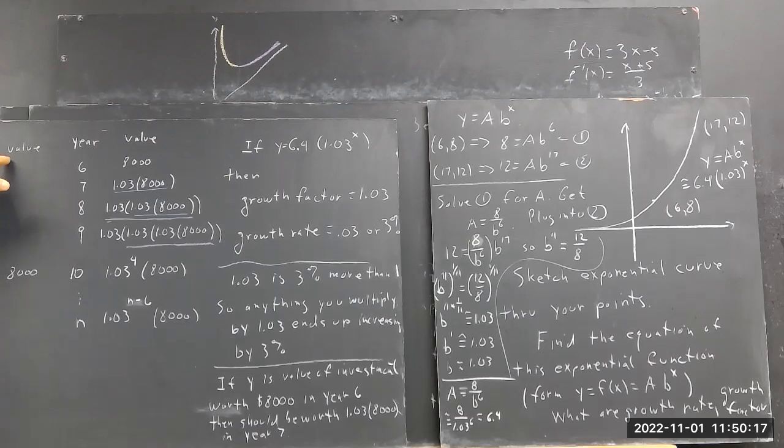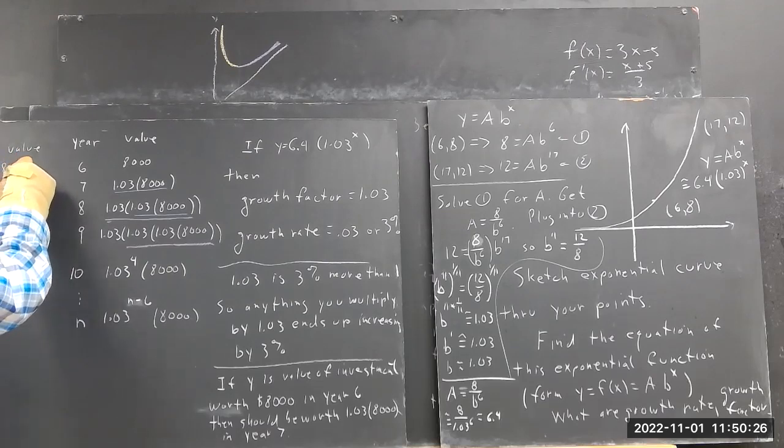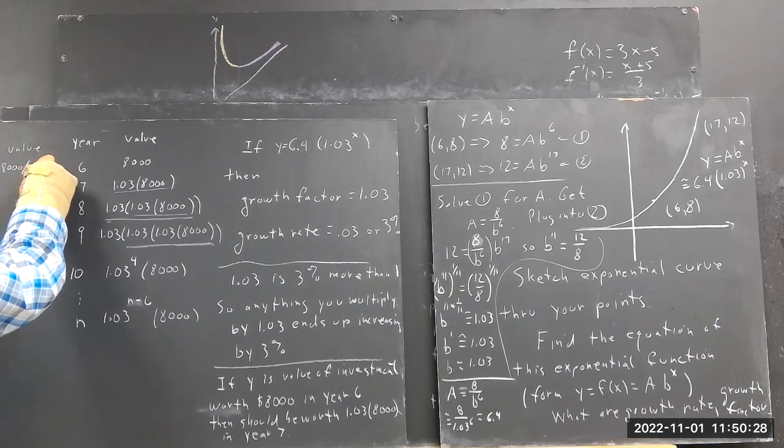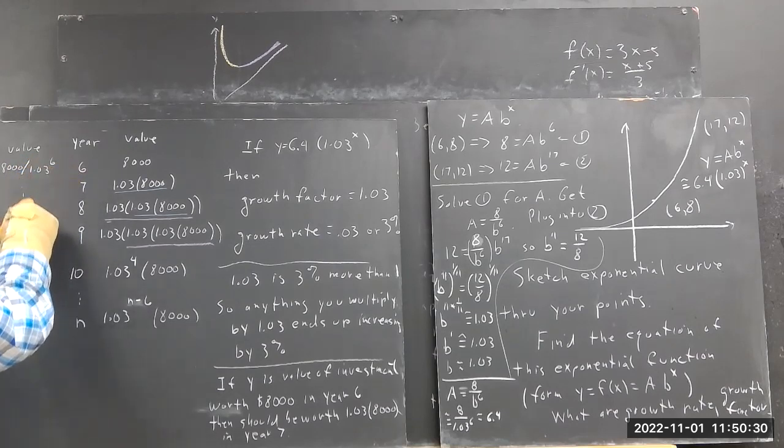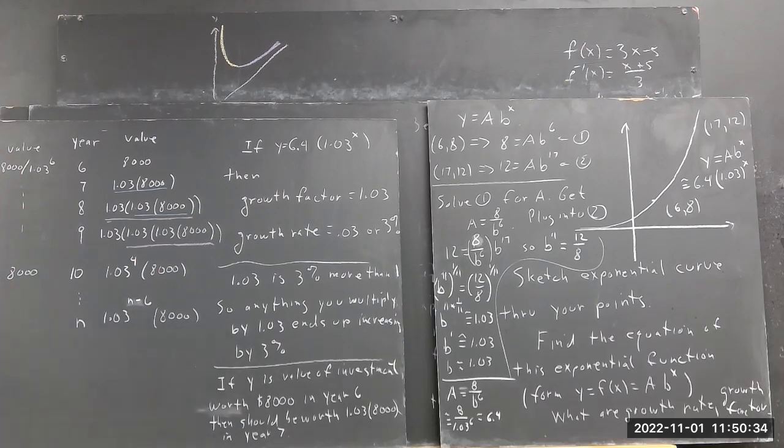Well, if we go back to year 0, it turns out we're going to have $8,000 divided by 1.03 to the 6th. Not going to go into the details of that, but see what you get if you divide 8,000 by 1.03 to the 6th.